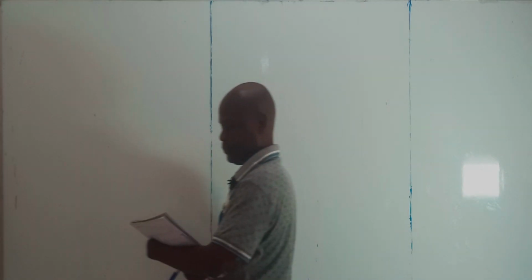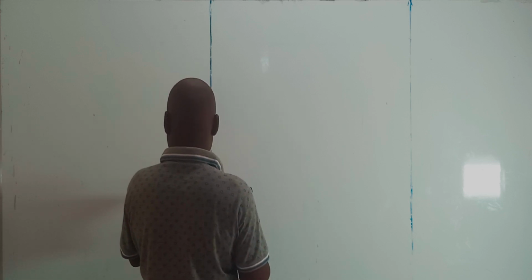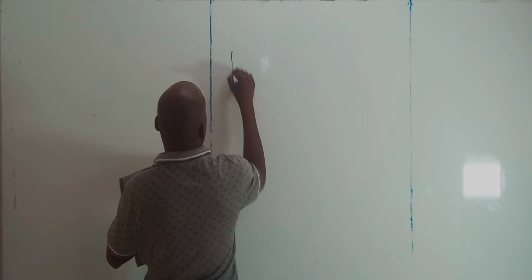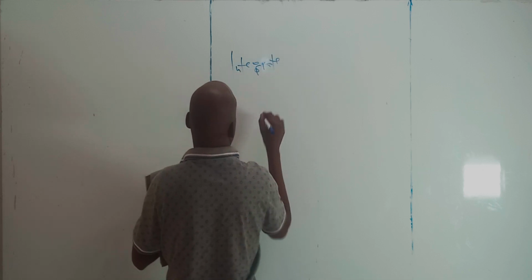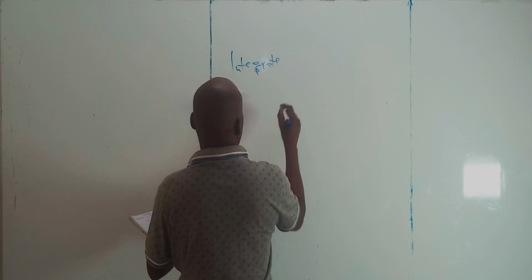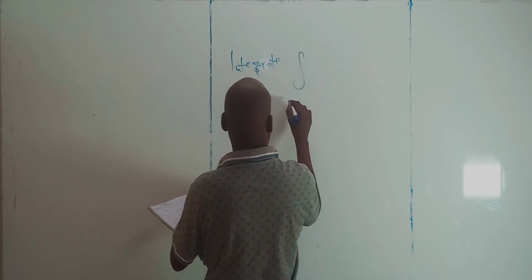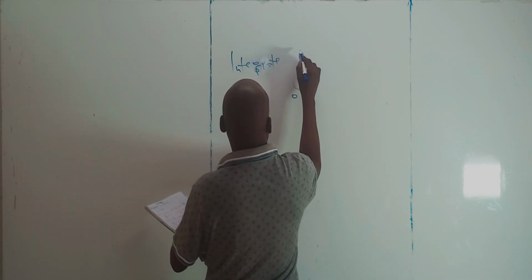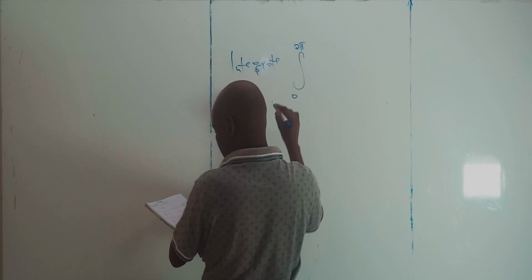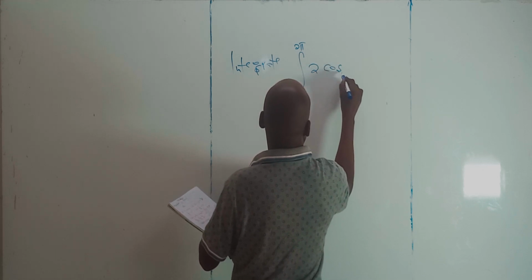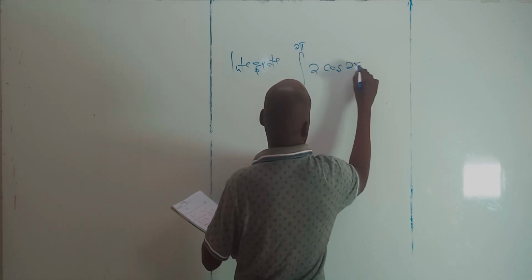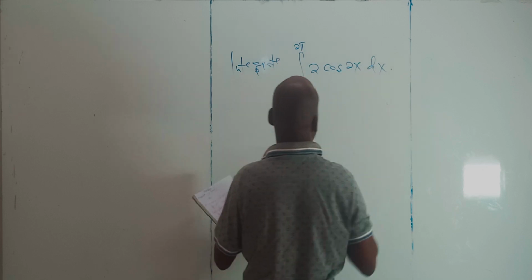Now, our next question is: integrate the integral from 0 to 2 pi of 2 cos 2x dx.